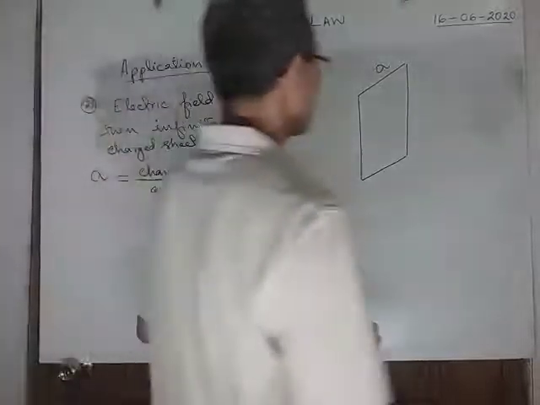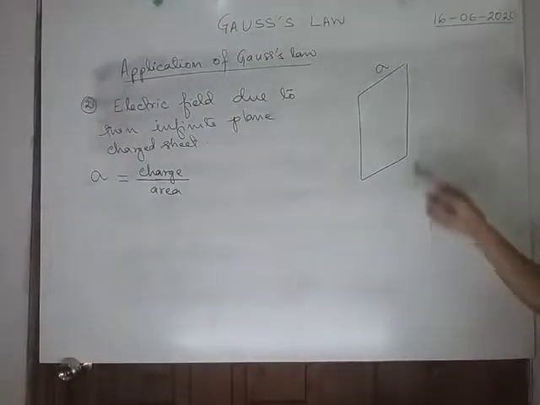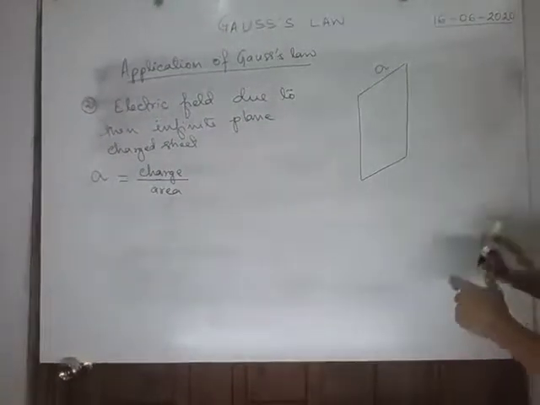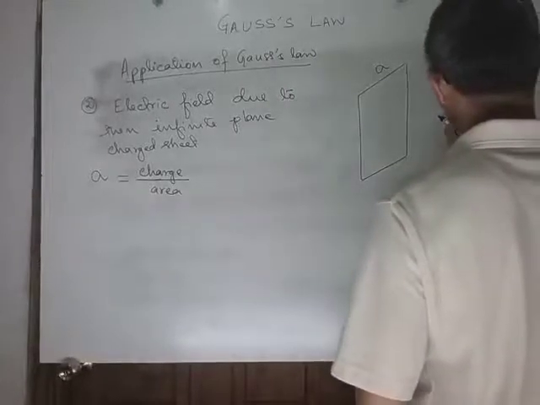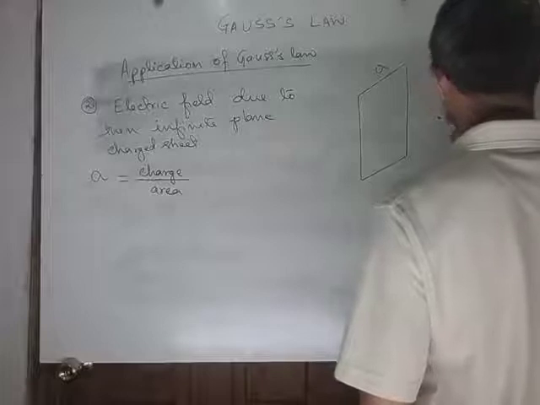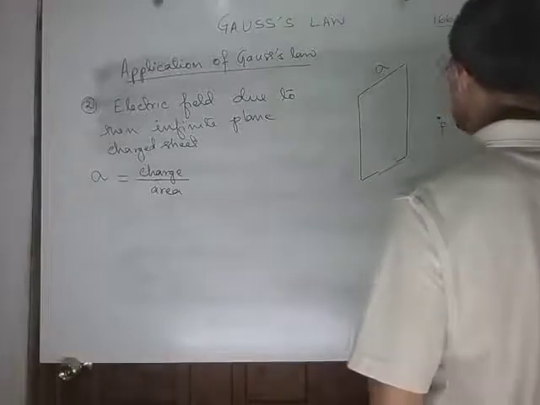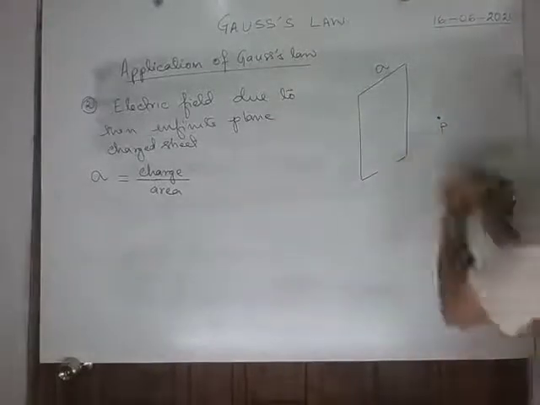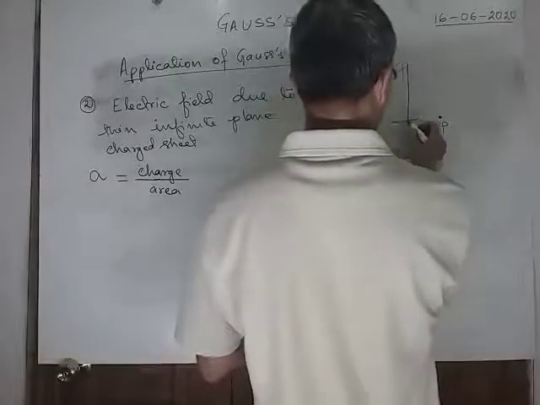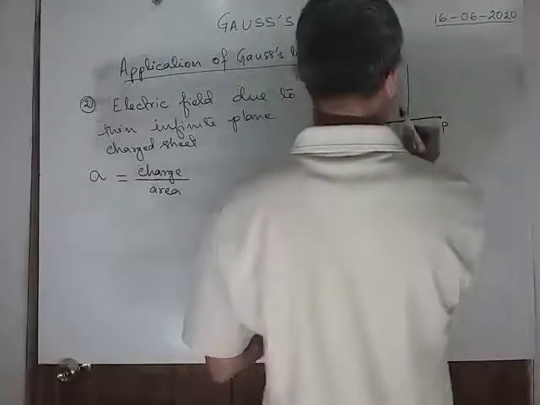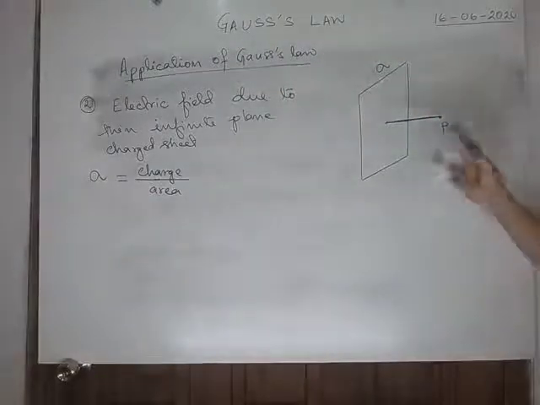Now to find the electric field E due to this infinite plane charge sheet at a point P, this point P is a point of observation at a distance R from the infinite charge sheet.